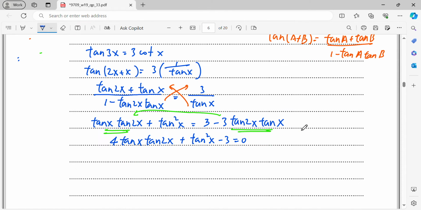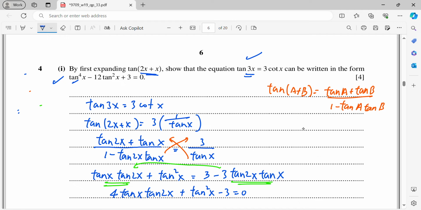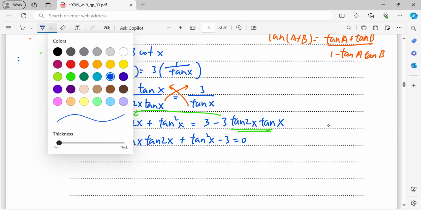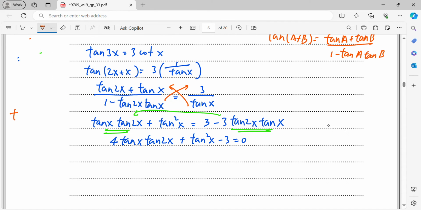Okay, then here, because you are given the equation in terms of tangent square x and tangent power 4x, now for the tangent 2x itself, I have to use the double angle formula. Tangent 2a is basically 2 tangent a over 1 minus tangent square a.